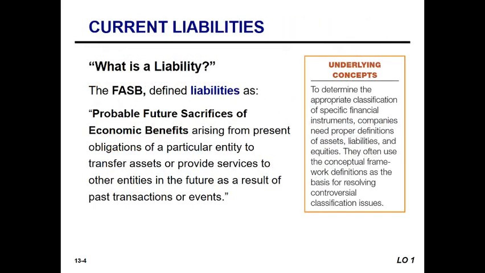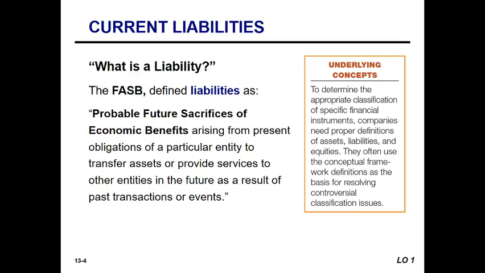So let's start with overall talking about current liabilities. This first one, generally, that's all we're going to discuss is just the real 5,000-foot overhead. What is a liability? So, FASB defined liabilities as the probable future sacrifice of economic benefits arising from present obligations of a particular entity to transfer assets or provide services to other entities in the future as a result of past transactions or events.